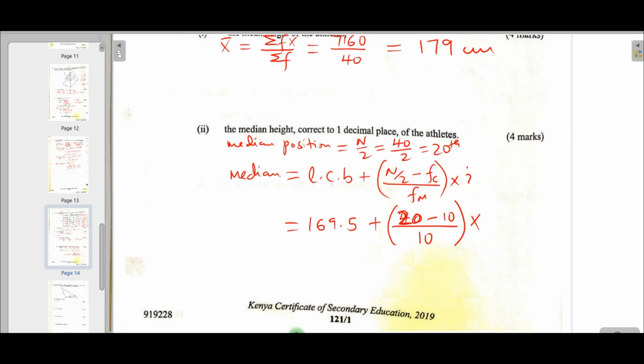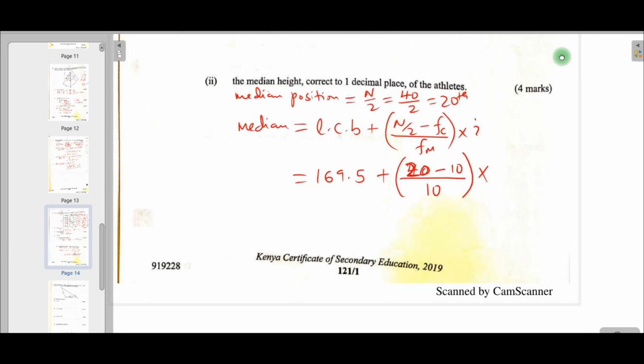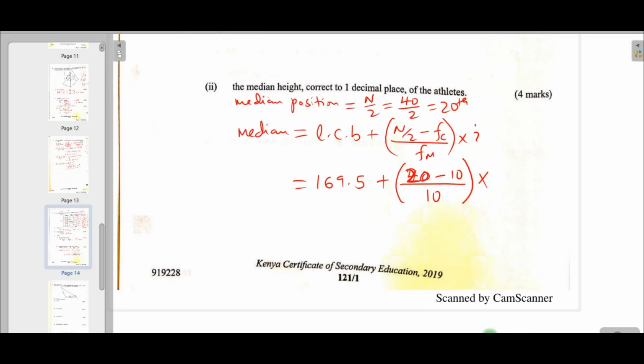For the class interval, we get upper class limit minus lower class limit, 189.5 minus 179.5. You can pick any class and get the upper limit and lower limit, then subtract. We shall get 10, so times 10.